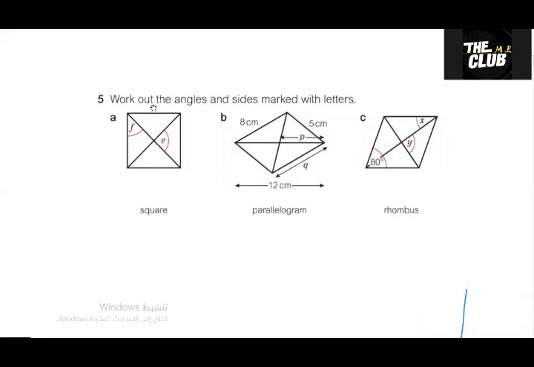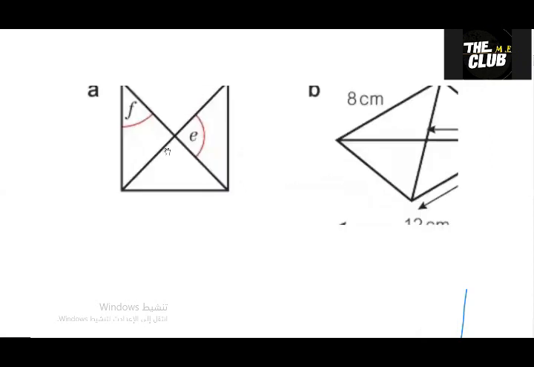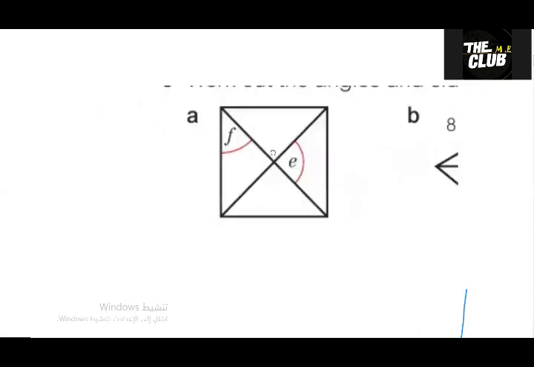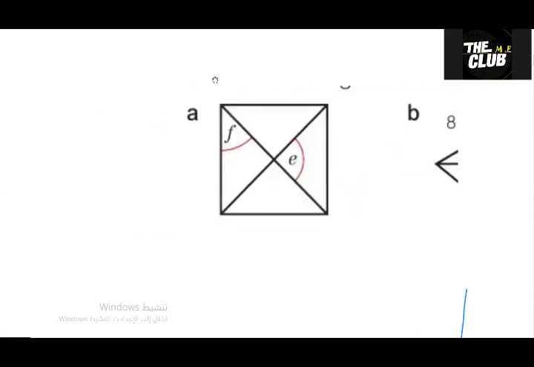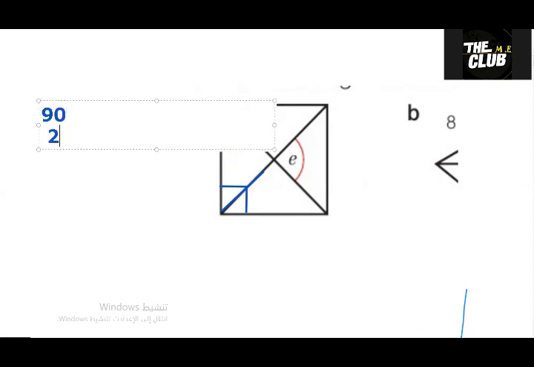Let me zoom in on the shape and I will explain more. This is a square here. So this one is 90 degrees, as you can see. And the diagonal line cuts the 90 degrees into 2 identical parts. So it cuts the 90 degrees into 2 angles, which have the same values. So 90 divided by 2 equals what?